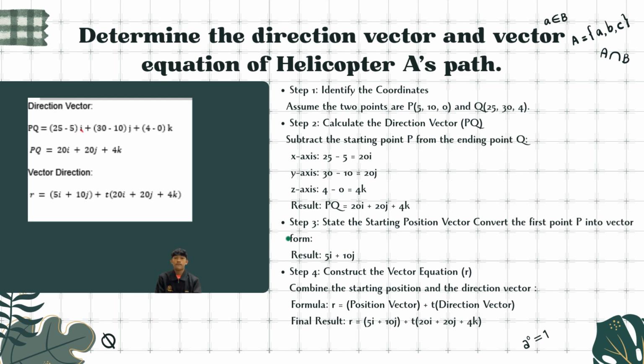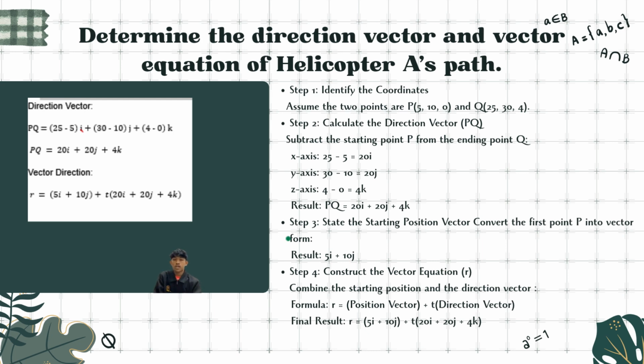Next, we determine the direction vector of the helicopter. The helicopter travels from the point P with coordinate 5, 10, 0 to point Q with coordinate 25, 30, and also 4. To find the direction vector, we must first subtract the starting point from the ending point.